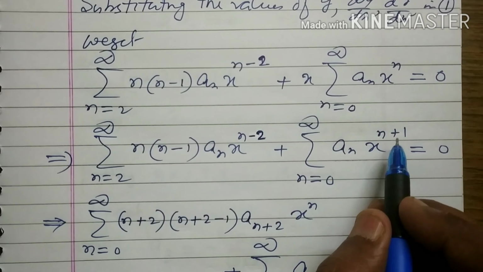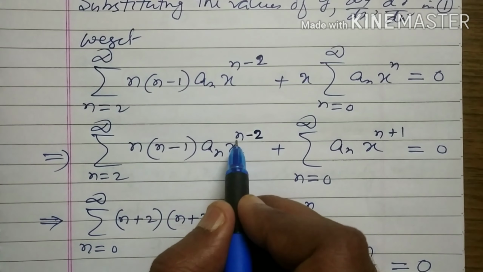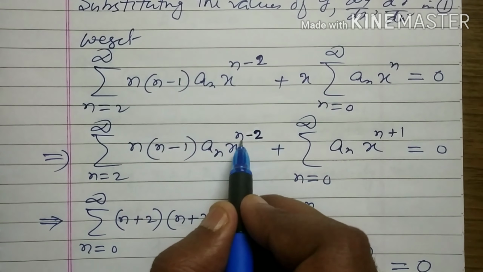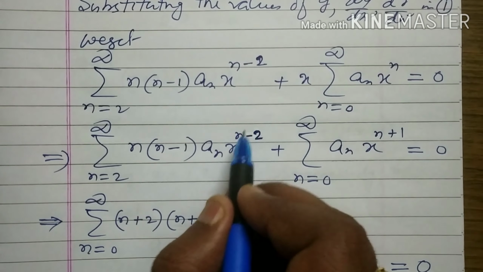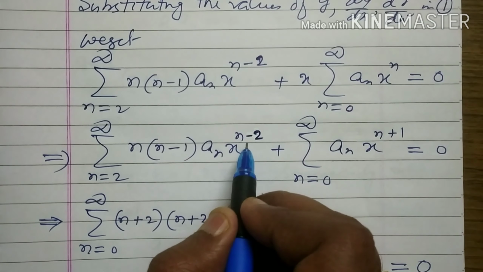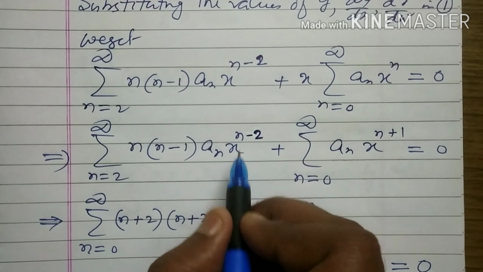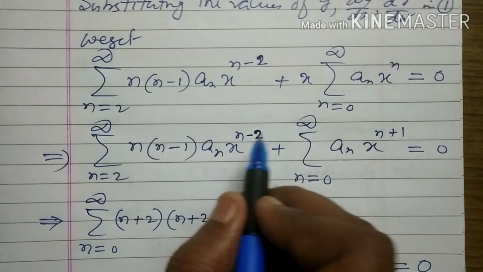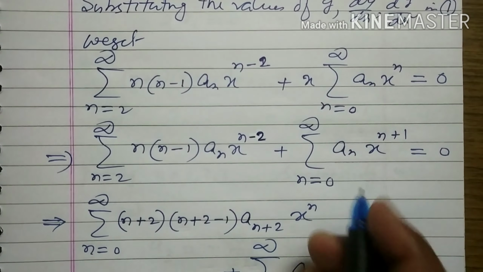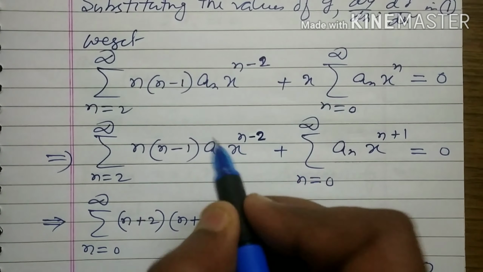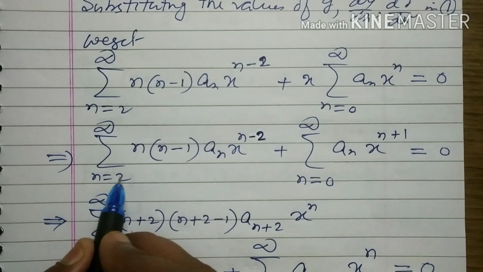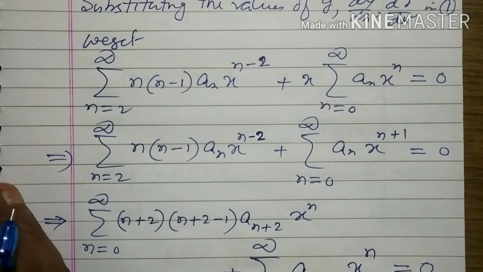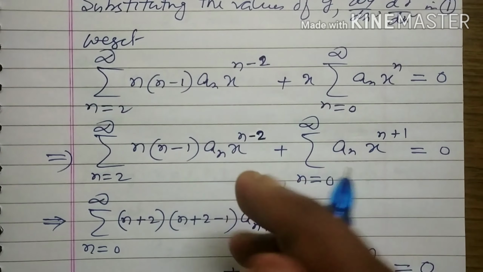So if I put n minus 1 here, then we can extract x to the power n. Similarly, if I replace n by n plus 2, then we get x to the power n. But when you replace, memorize one important piece of information: when you replace with plus, the summation limit should decrease by whatever number you are adding here.